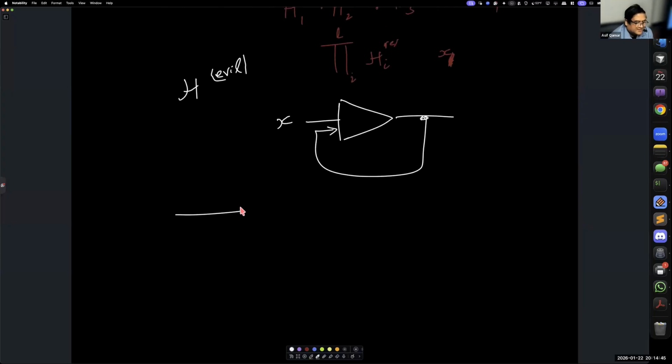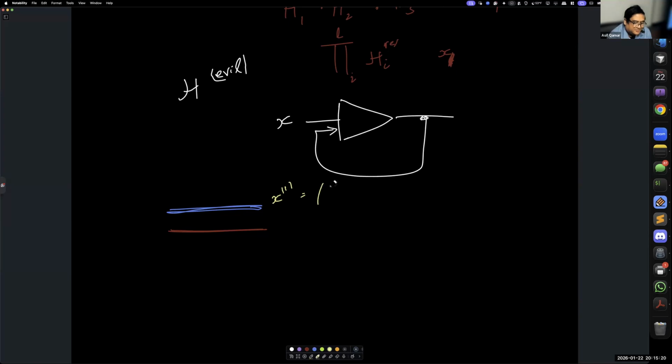One channel is pure blue light, and the other channel is pure red. So there are 2 channels. The signal, let me just call it X1.